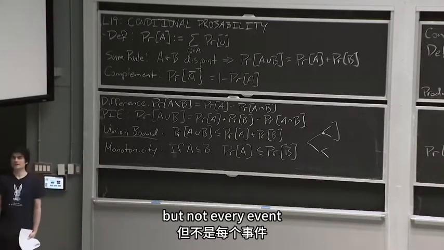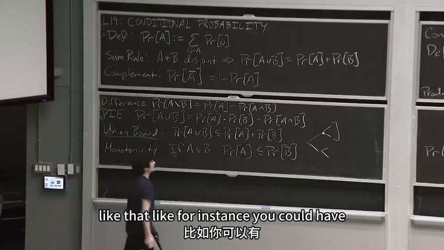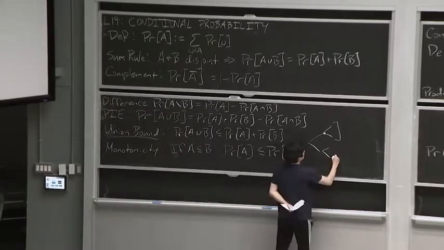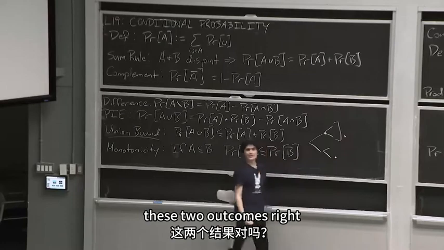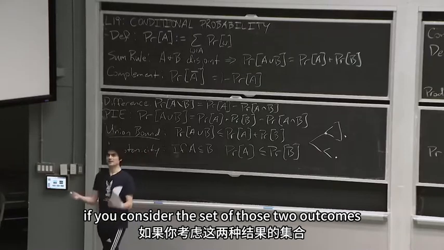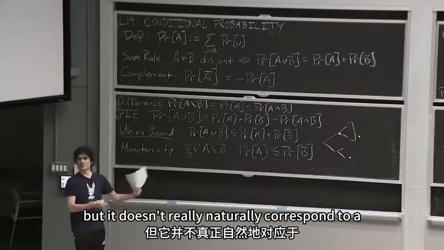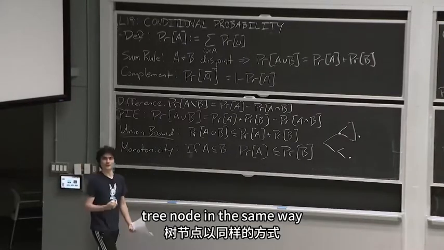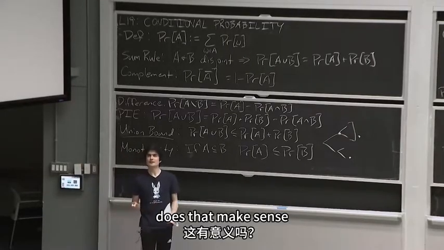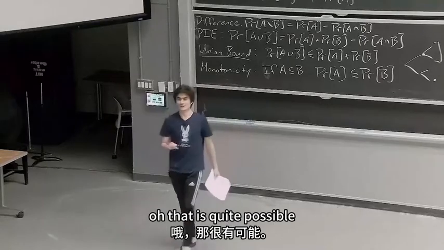But not every event corresponds to an internal node of the tree. For instance, you could have these two outcomes. The set of those two outcomes is still a valid event, but it doesn't naturally correspond to a tree node in the same way. Does that make sense?